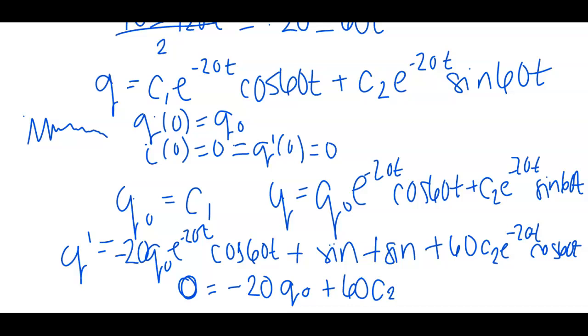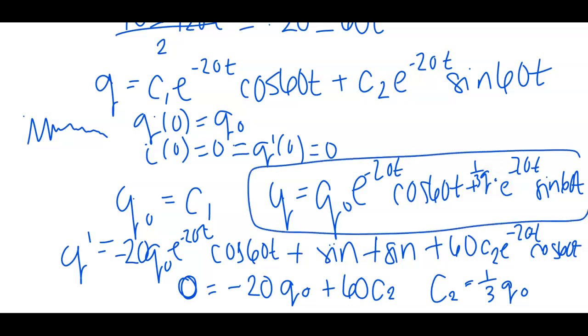If I add 20 Q naught and divide by 60, I get that C2 must be 1/3 Q naught. Okay, and so I'm going to just go ahead and replace that in my equation right here, and that's going to be my final answer.